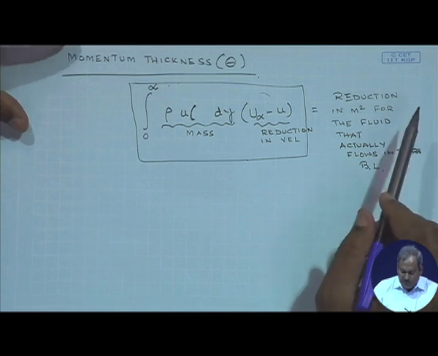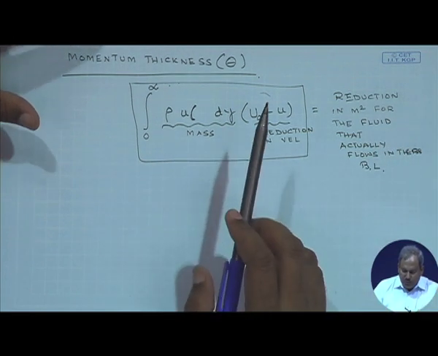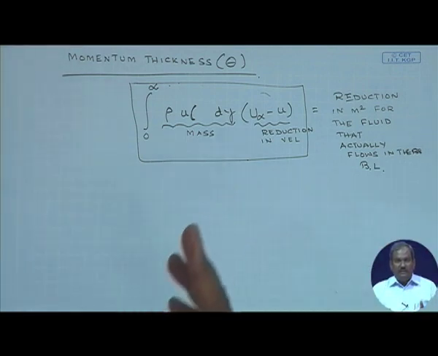Now, as in the previous case, I have evaluated the reduction in momentum of the actual fluid that flows in the boundary layer. Now, I am trying to see what I have to do in an inviscid flow to get the same reduction in momentum.